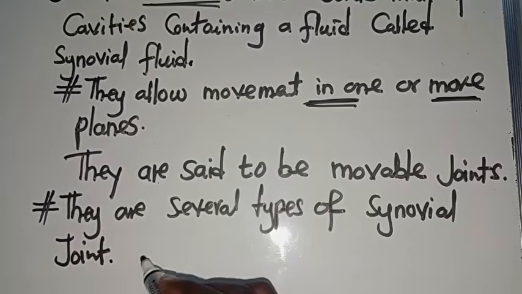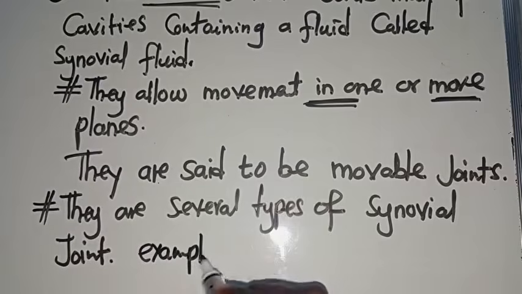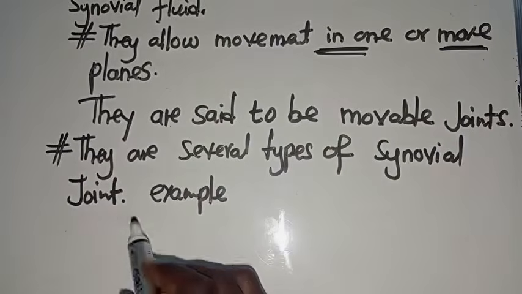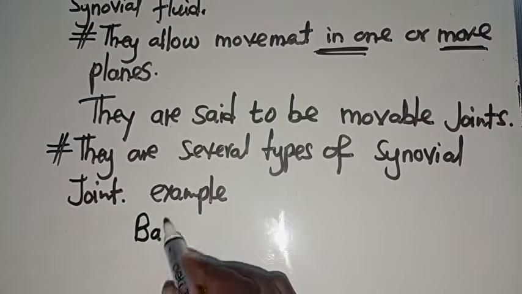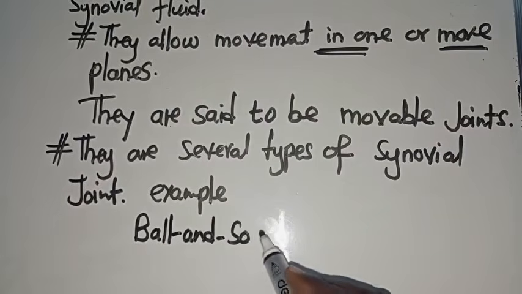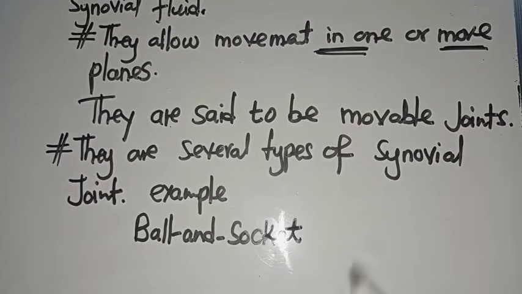But just to look at a few examples of these synovial joints, we can consider what we call a ball and socket joint.